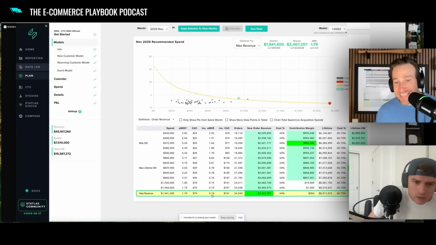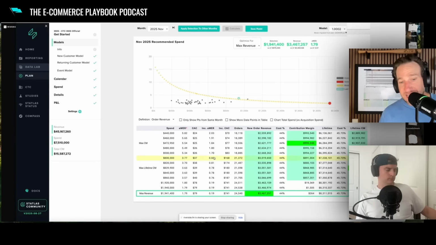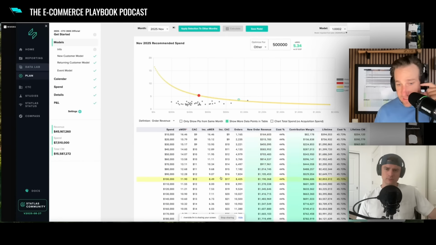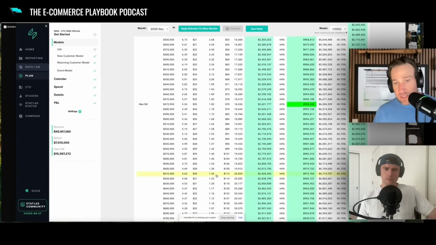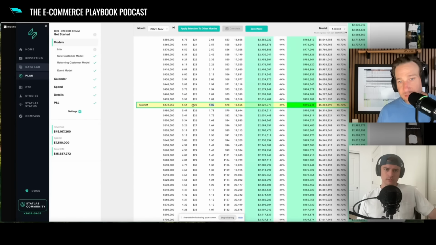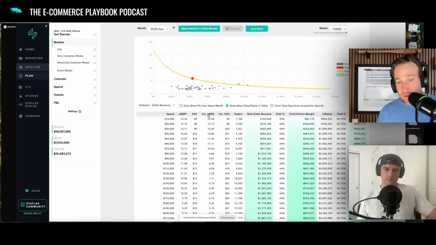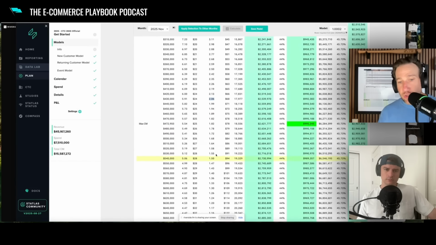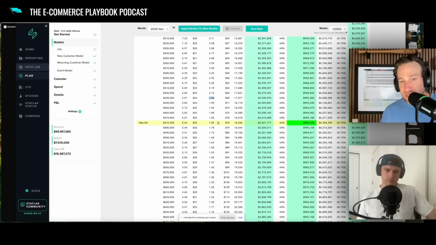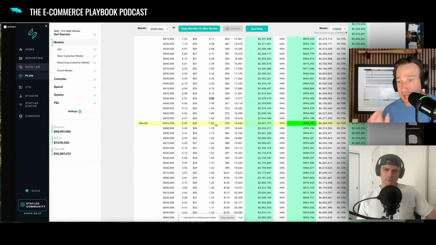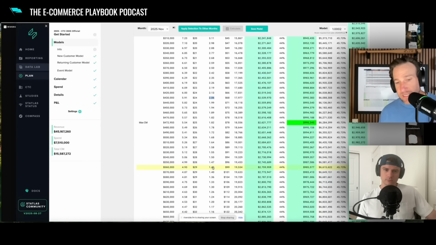So this is the point at which the next dollar is incrementally negative, the point of the max CM. It's going to be right around here. So we have a column here for incremental aMER, meaning the next dollar you put in, what is it going to generate? Well, you can see how quickly you reach a point where the next incremental dollar is producing negative.